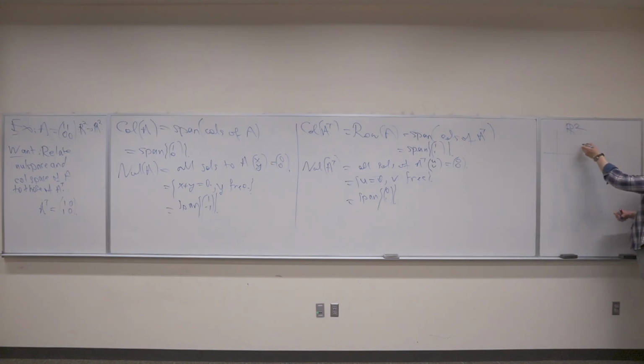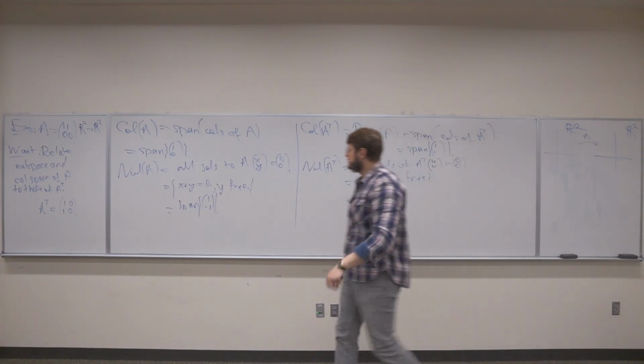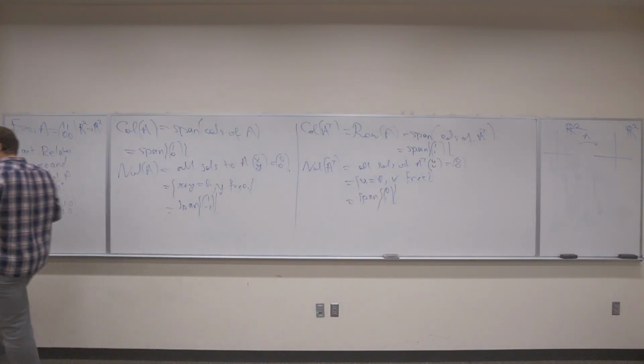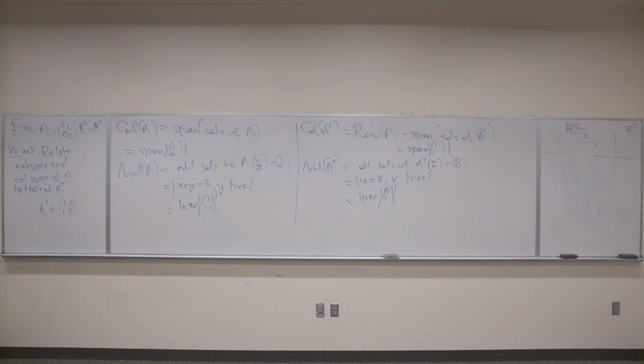This is my A. It's a transformation. Now I'll add the column spaces and null spaces. In fact, I'll use orange here and green.